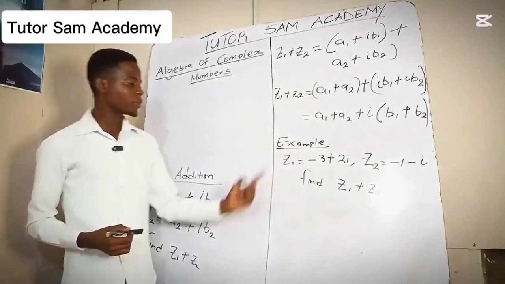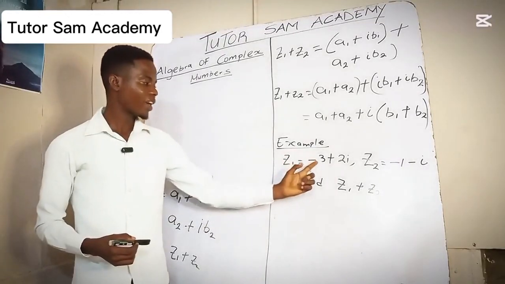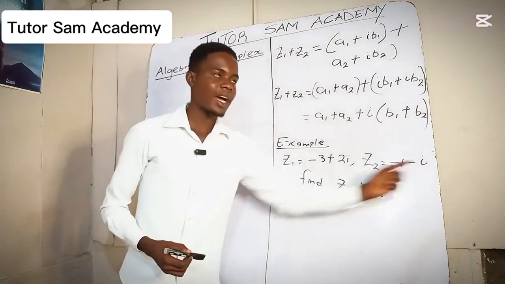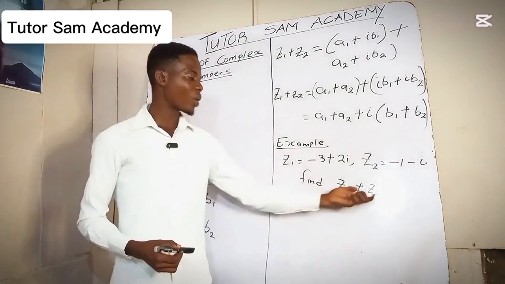The example is Z1 equal to minus 3 plus 2I, Z2 is minus 1 minus I. So the question says we should find Z1 plus Z2.